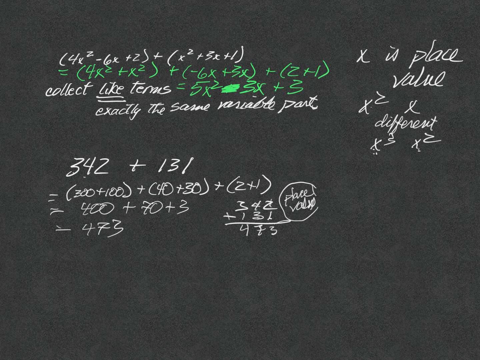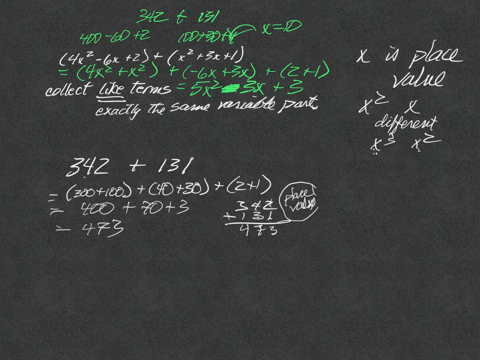Now, by the way, just so you know, if I let x equal 10, this becomes 400 minus 60 plus 2, which is 342. And this one becomes 100 plus 30 plus 1, which is 131.